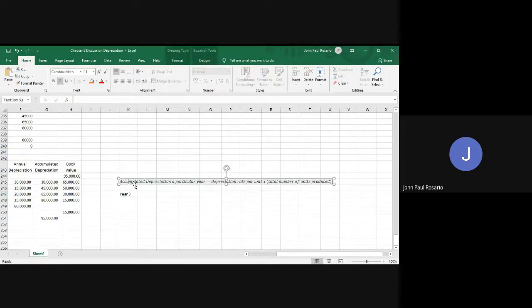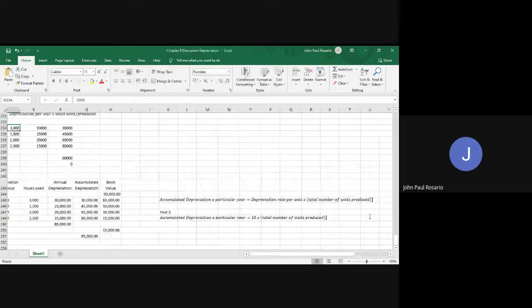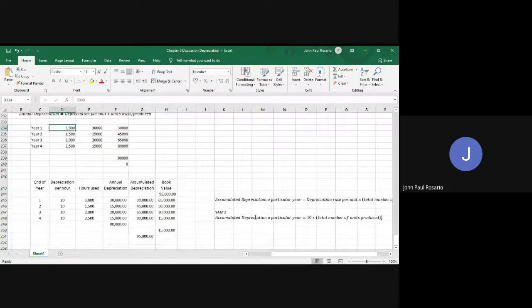our depreciation rate per unit is 10. And then we multiply that by the total number of units produced. So we have 3,000, 1,500, and 2,000.